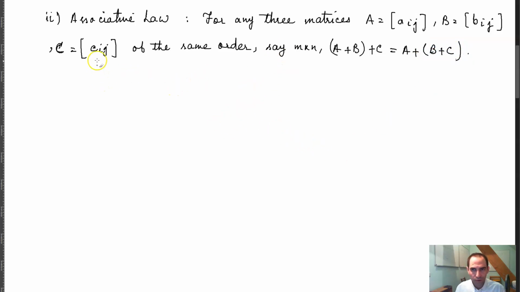Now to prove this, you can start from any side of this equation.